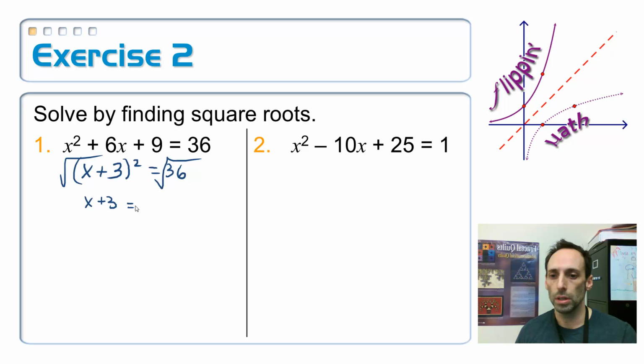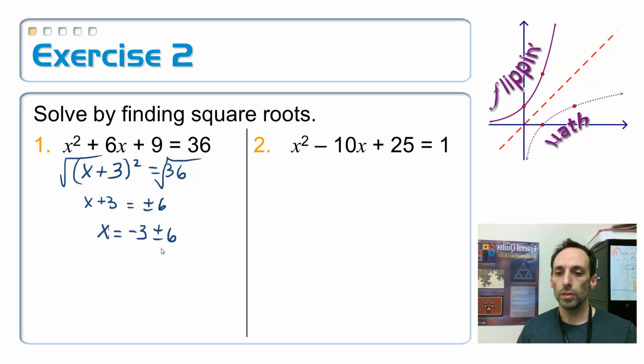X plus 3 is equal to plus or minus 6. Two answers, taking the square root, solving an equation. And then subtract my 3 over. X equals negative 3 plus or minus 6. Now these are just integers, so we can go ahead and add them up. So one of the answers is negative 3 plus 6, which is 3. And the other one is negative 3 minus 6, which is negative 9.